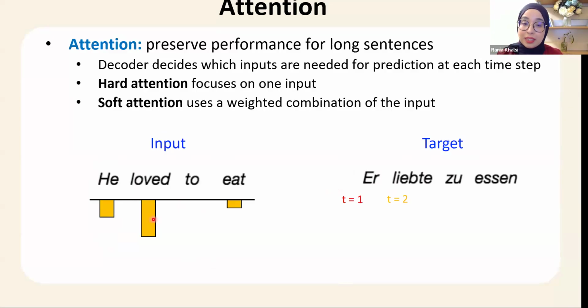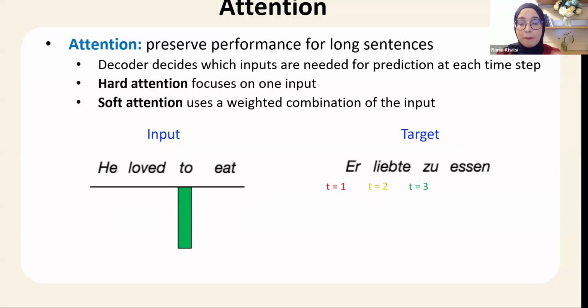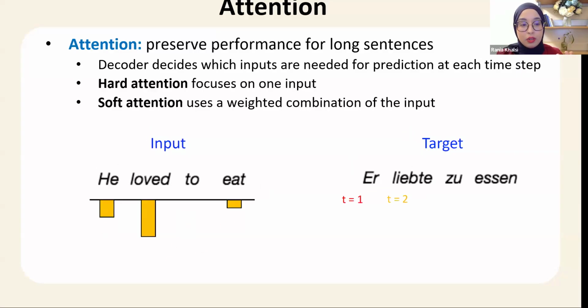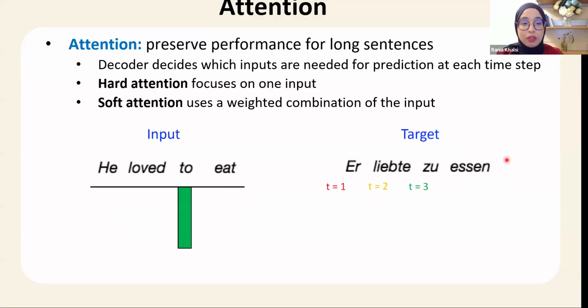At the same time, it still gives some importance to, for example, the previous and the next words, but with lower weights. Next, for the third time step we do the same.